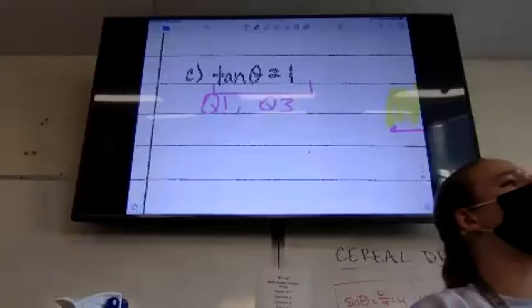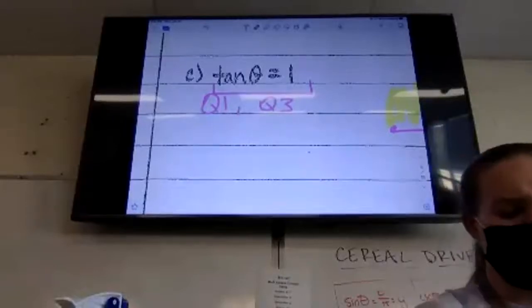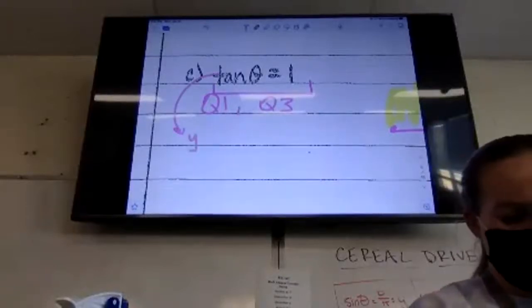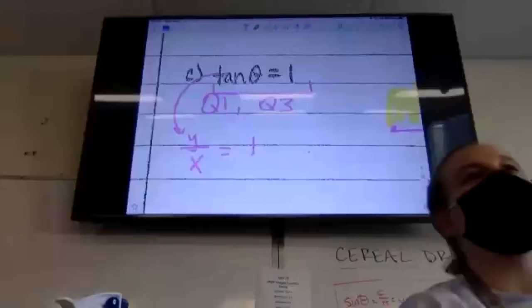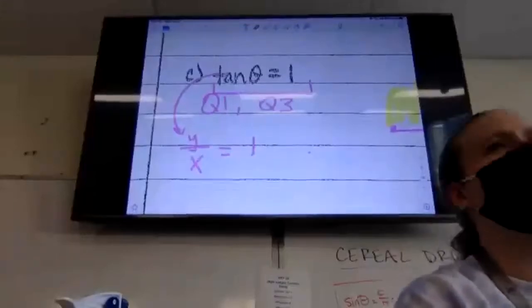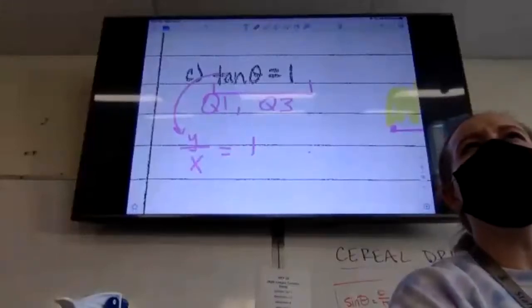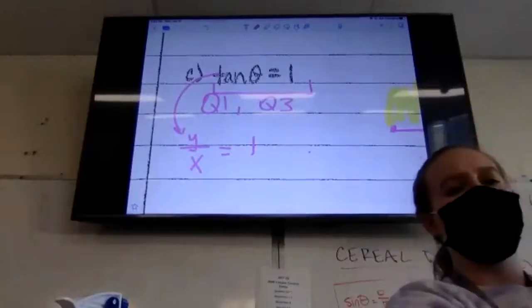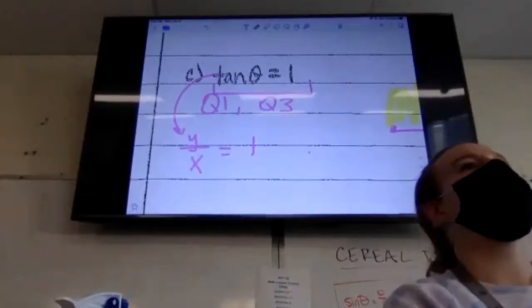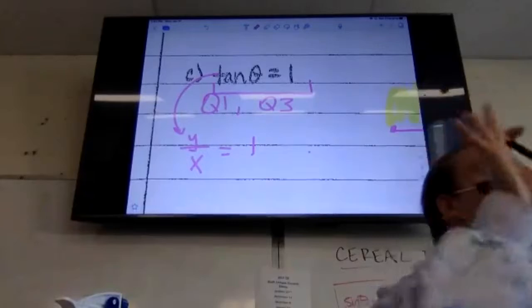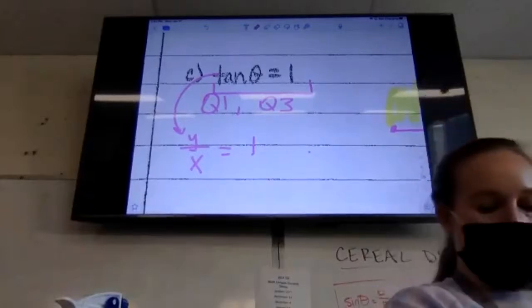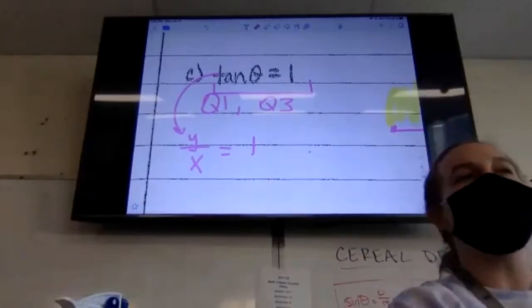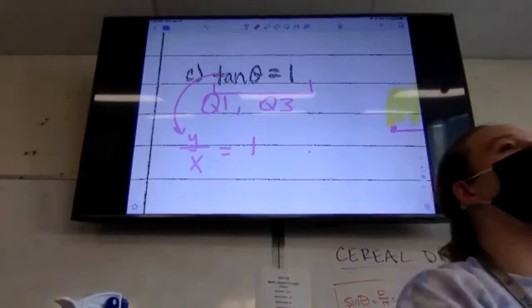What is tangent in terms of the variables, in terms of x and y? Y over x. So I want whatever my y divided by my x is to equal 1. The only way that can happen is if the same number is on top and on bottom, right? If I did like 5 divided by 5, that's the only way I'm going to get 1. So I'm looking for an angle who has the same values for x and y.